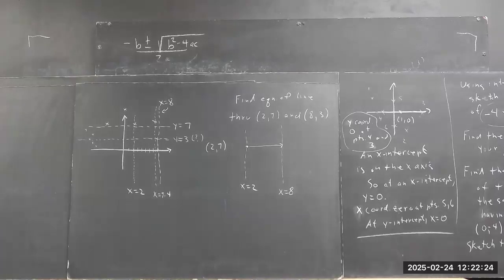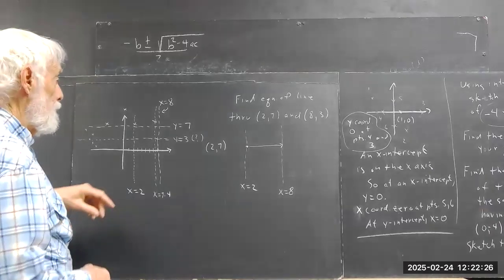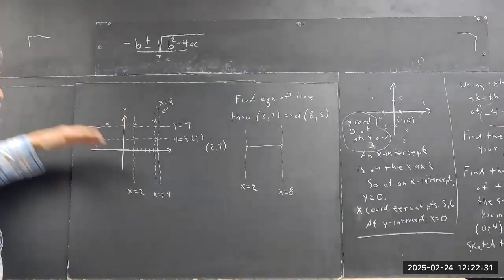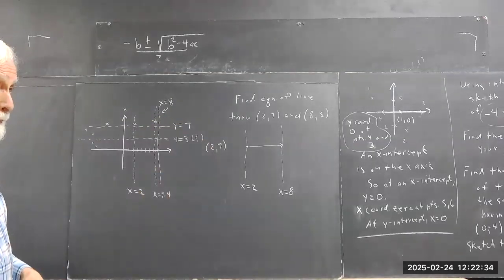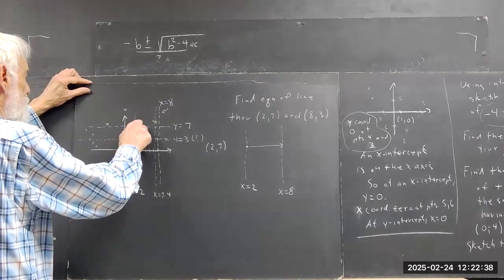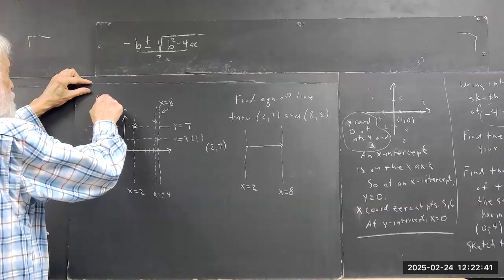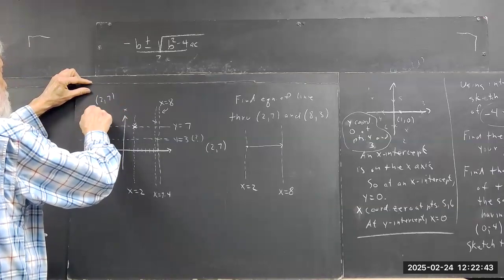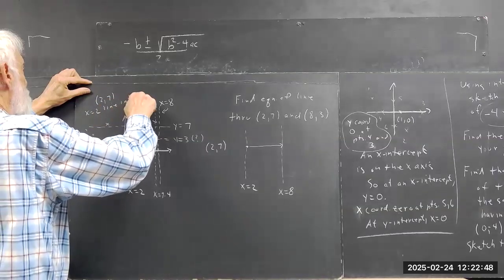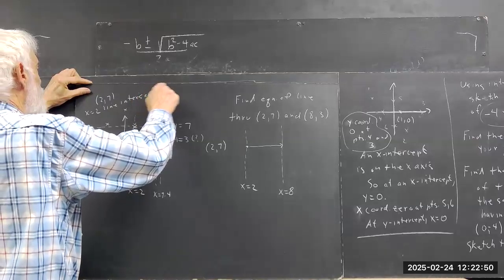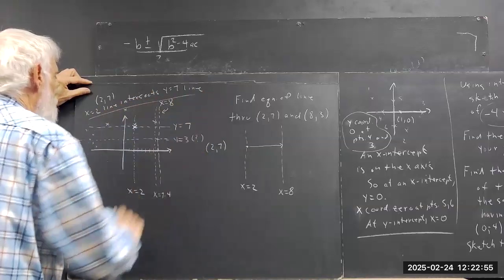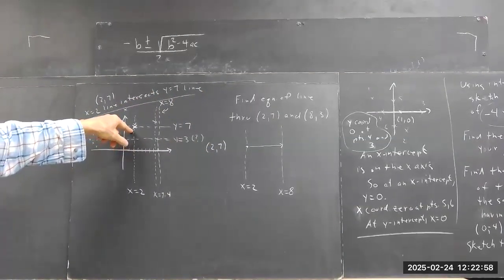Still, we're just trying to draw a diagram. And what this tells you then is that the point 2,7 is where the x equals 2 line and the y equals 7 line come together. So this is the point 2,7. Our x=2 line intersects our y=7 line.